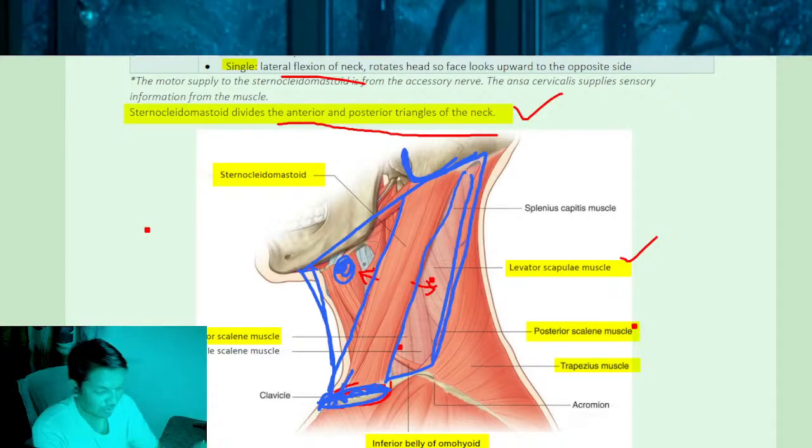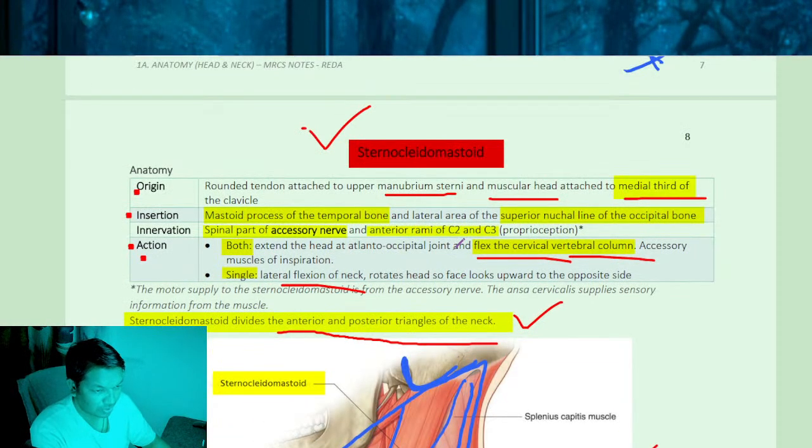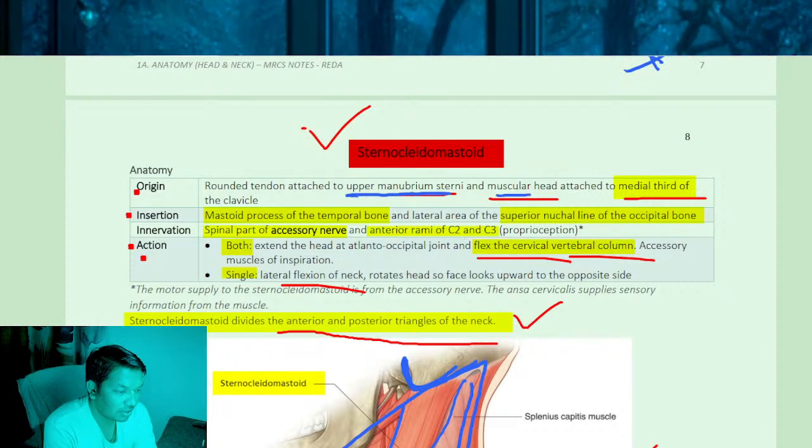So sternocleidomastoid, their origin: the upper manubrium sterni, and the muscle head attached to the medial third of the clavicle. Insertion is in the mastoid process of the temporal bone.